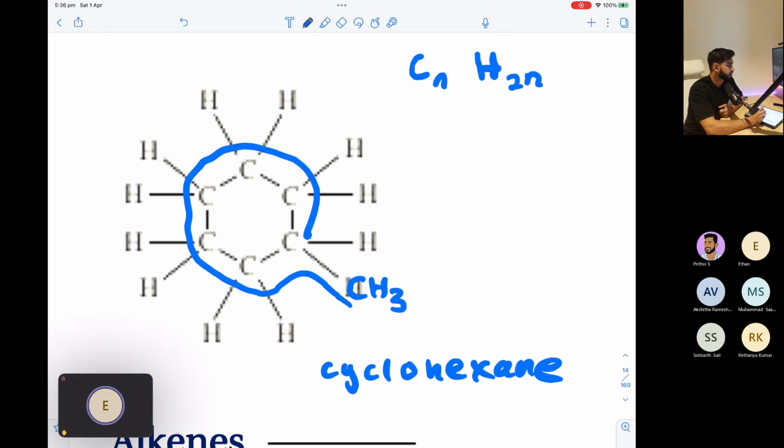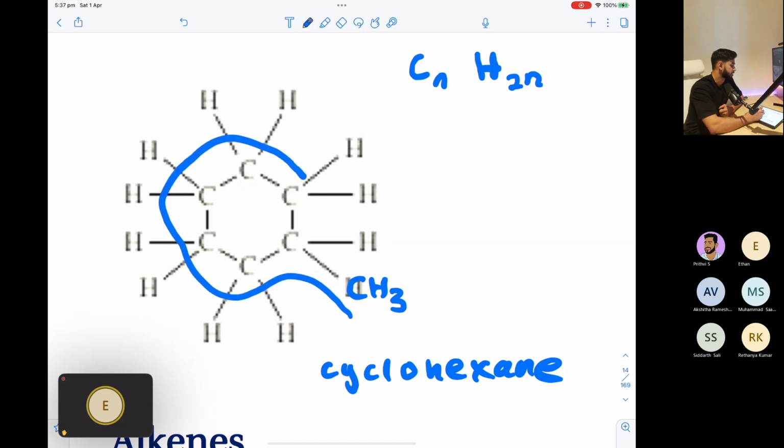You're right, partially, but that's not how we would count because it's a closed loop. It doesn't make sense to count. It would make sense to count like that if this carbon wasn't connected, right? So you're saying we should count like this all the way to there. It just doesn't make sense.